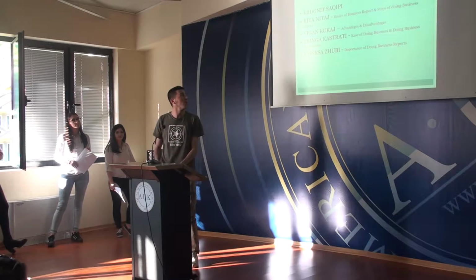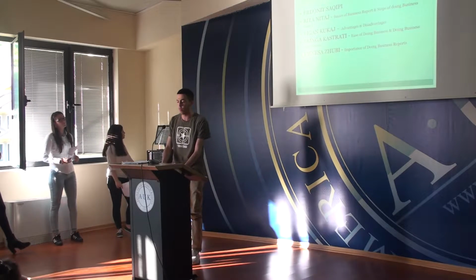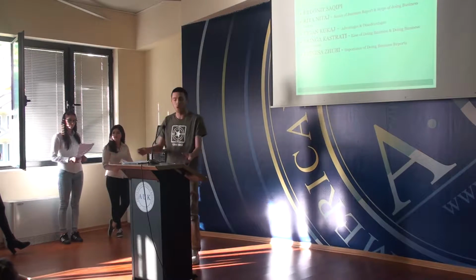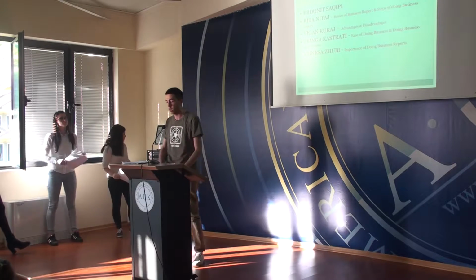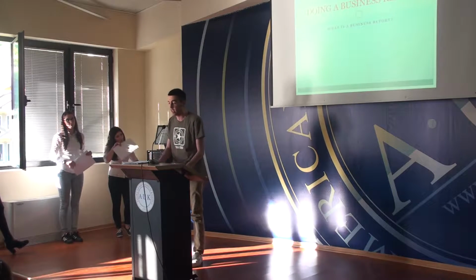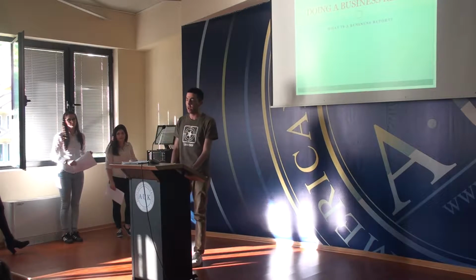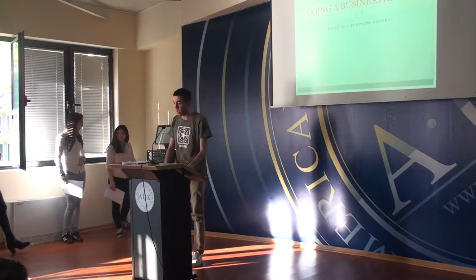Before I go to how to do a business report, I'm going to give a short opening on what a report is, and then I'll go back to the main topic. Reports describe, analyze and investigate a situation for a particular audience, either a real situation or a case study.